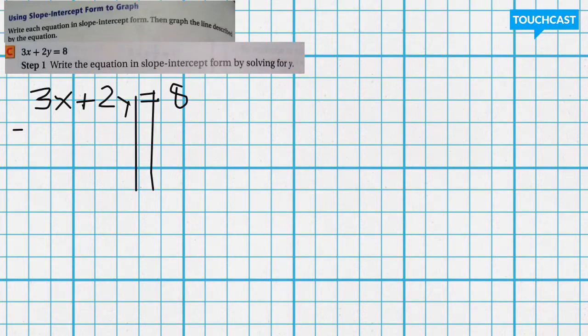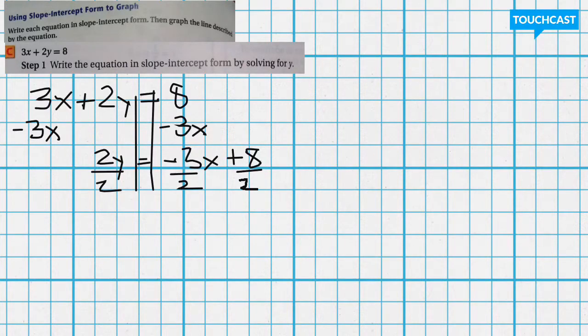So we're going to start by subtracting 3x on both sides. So we have 2y left on the left side is equal to negative 3x plus 8. And then we're going to divide everything by 2. We don't want to leave anyone out of the division party.